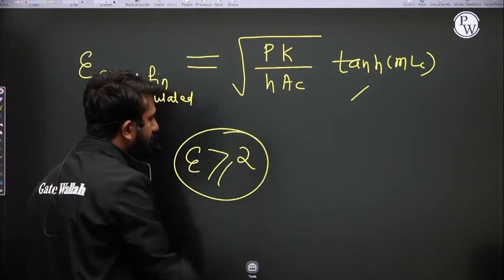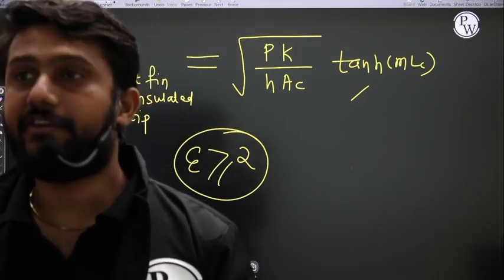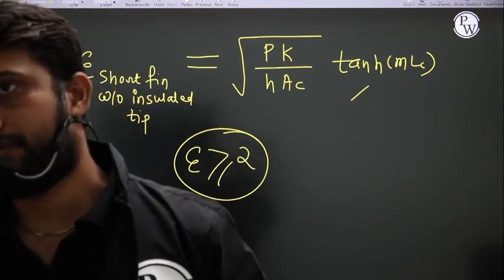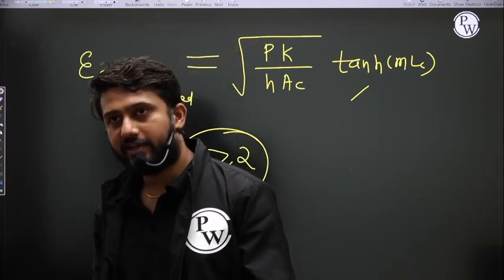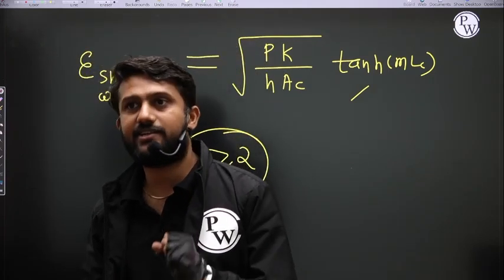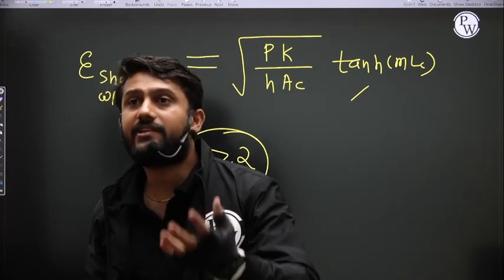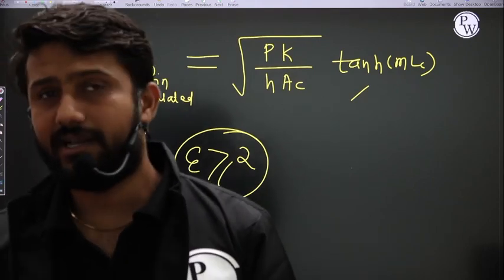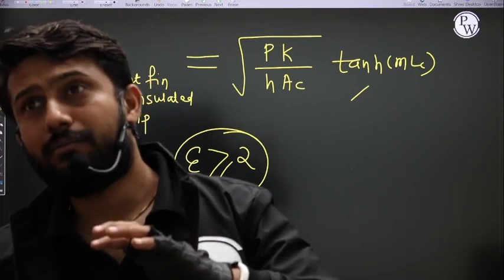If the effectiveness is less than 2, then applying the fin is not justified, because ultimately the rate of heat transfer does not increase much.